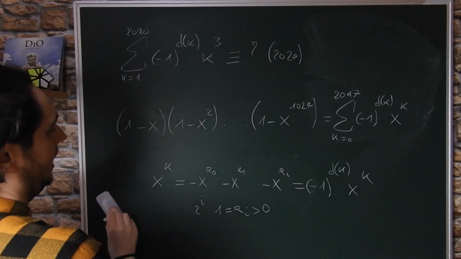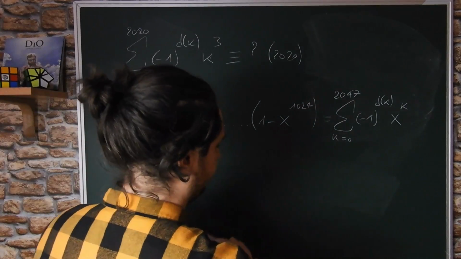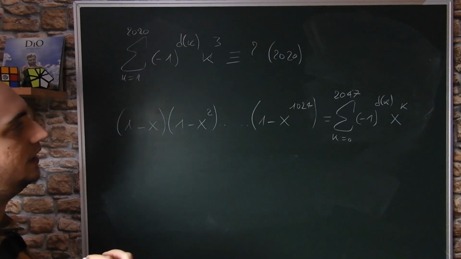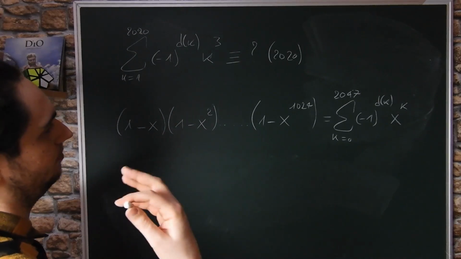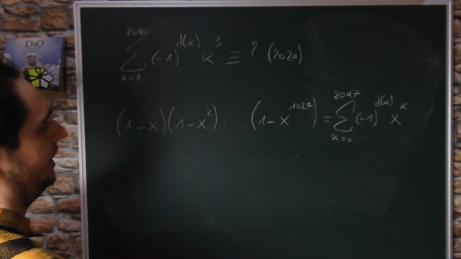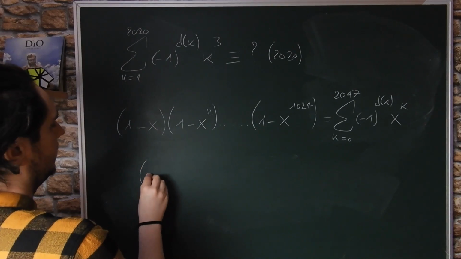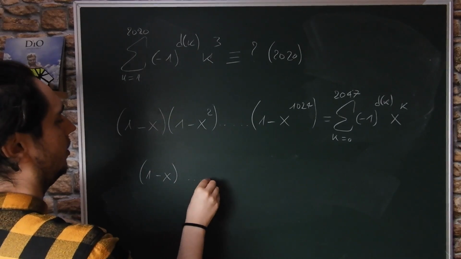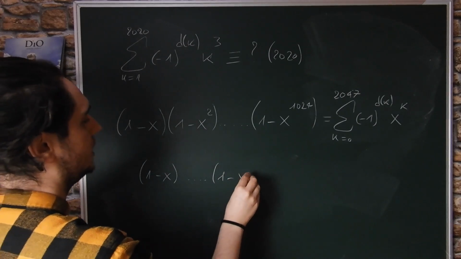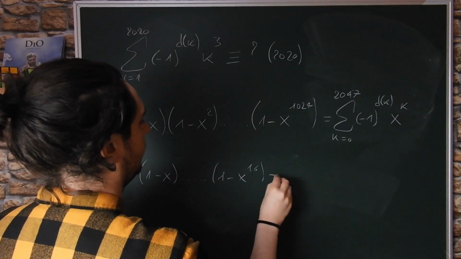Now that we have this particular identity, let us play with another identity which is very similar. So let us take (1 - x) up to (1 - x^16).